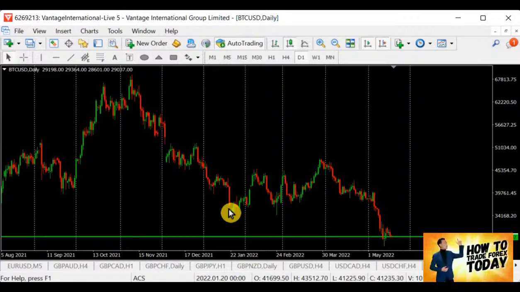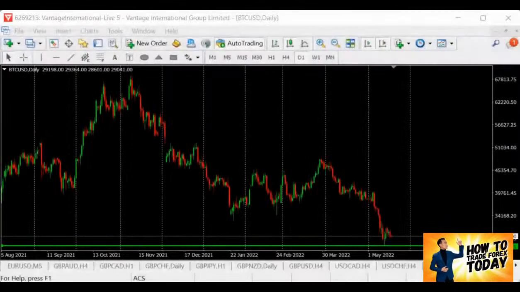So currently, as for what I'm going to look out for in this Bitcoin for buying, I will hold on before I start to buy. I'll hold on until the right moment, then I will start to buy.